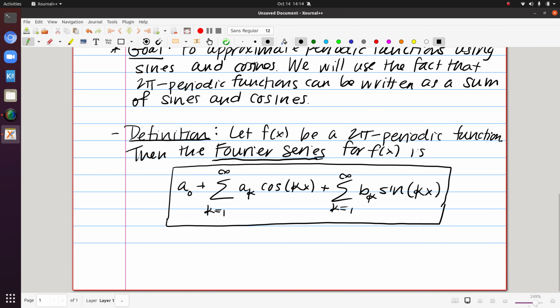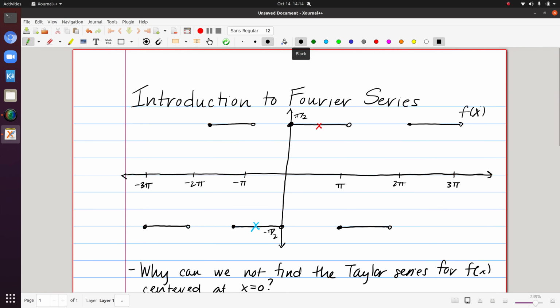Now, one thing I should point out here is that there are some coefficients involved, right? There are these coefficients. And what we need to do is define how those coefficients relate to f of x. Just for a comparison, I'll point out it's similar to how we started with the idea of a power series. A power series, we said, had general form c sub k times x minus a to the k.